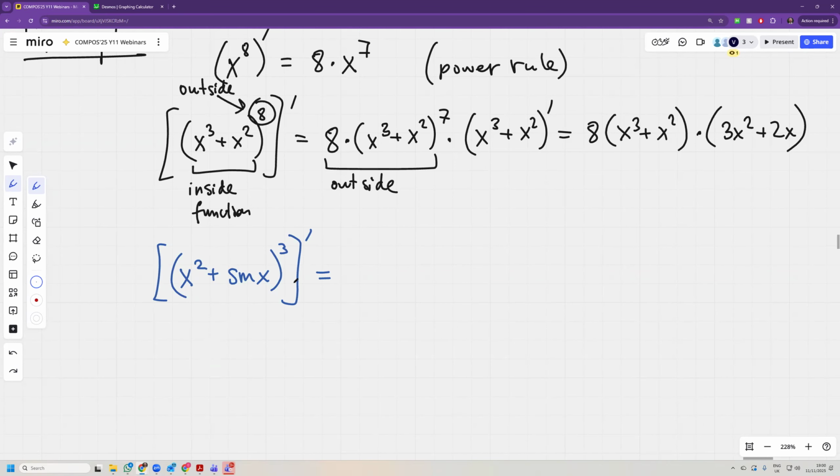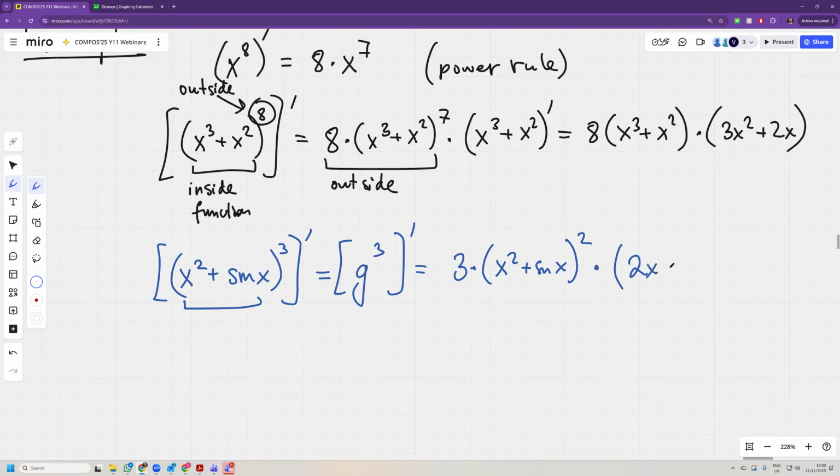So you just find the derivative: it's 3 multiplied by g squared, which is 3 multiplied by x squared plus sine x, squared. And then you multiply by the derivative of the inside function, which is 2x plus cos x. That's it. So you need to think of what is the inside function, what is the outside function.